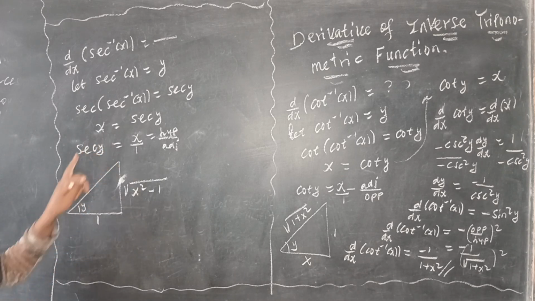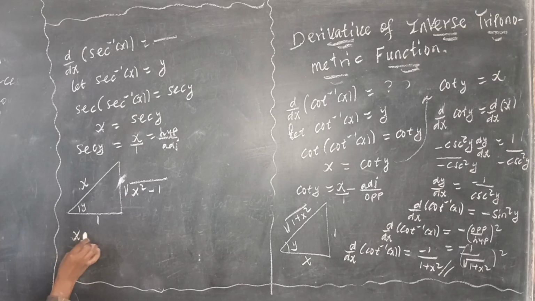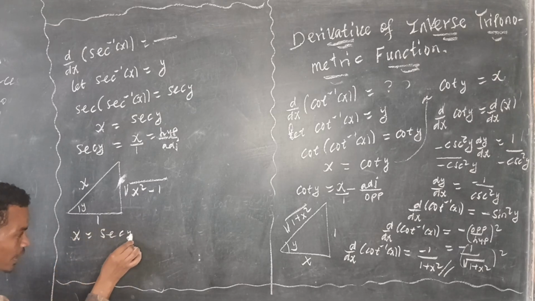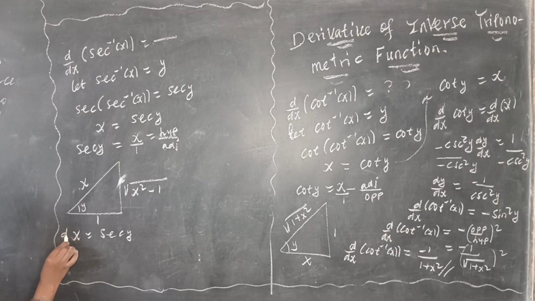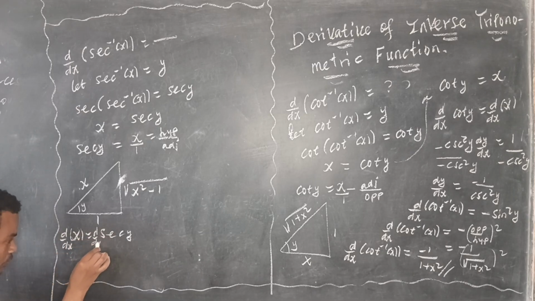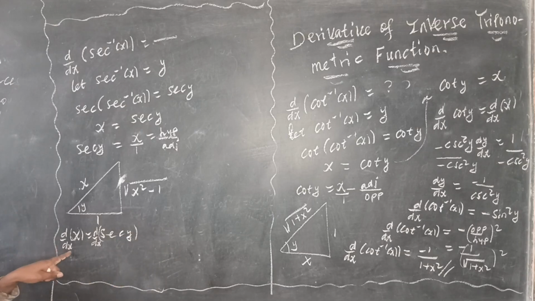X is equal to sec y. Now let's differentiate both sides with respect to x. That is d by dx of x and d by dx of sec y. Derivative of x with respect to x is 1.